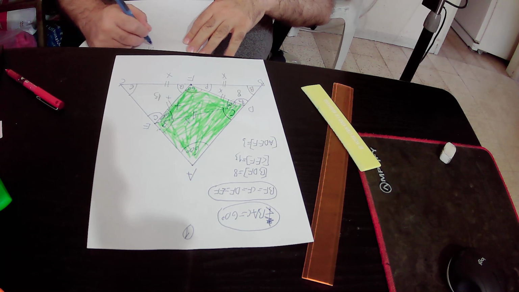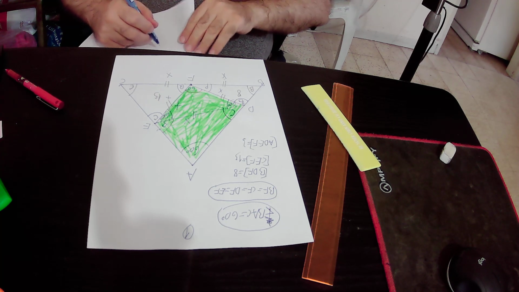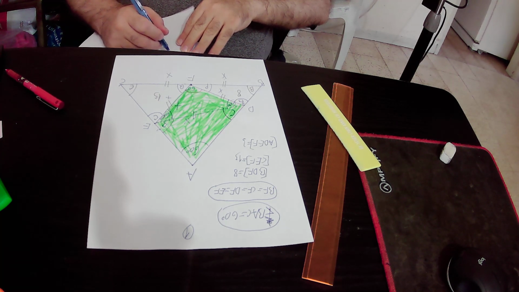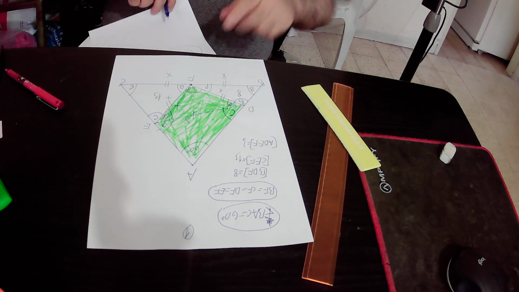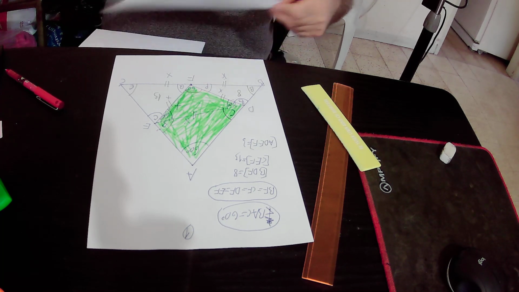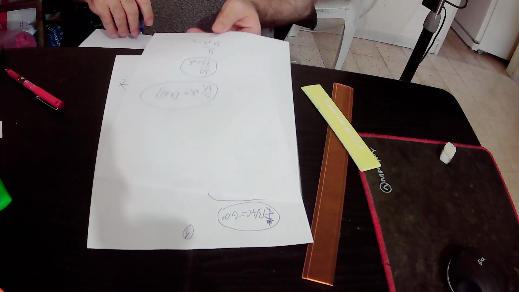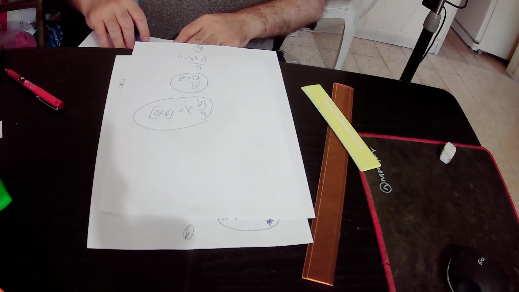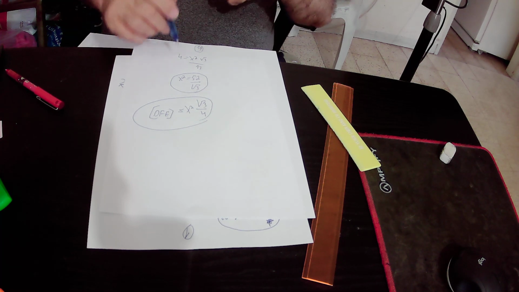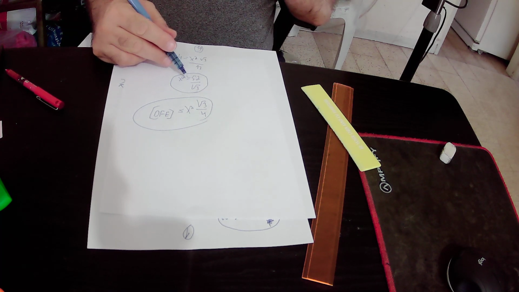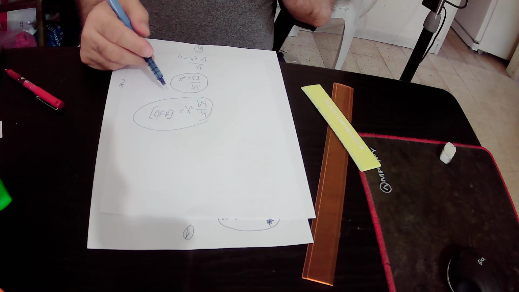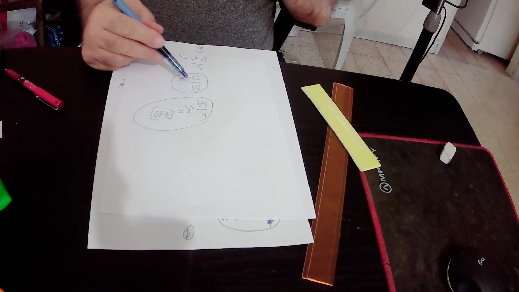Root 3 over 4 times x squared equals the area of the equilateral triangle DFE. Again, the area of the equilateral triangle DFE, this green triangle, equals x squared times root 3 over 4. But we have already found out that x squared equals 52 over root 3, so we can substitute x squared in this equality by 52 over root 3.